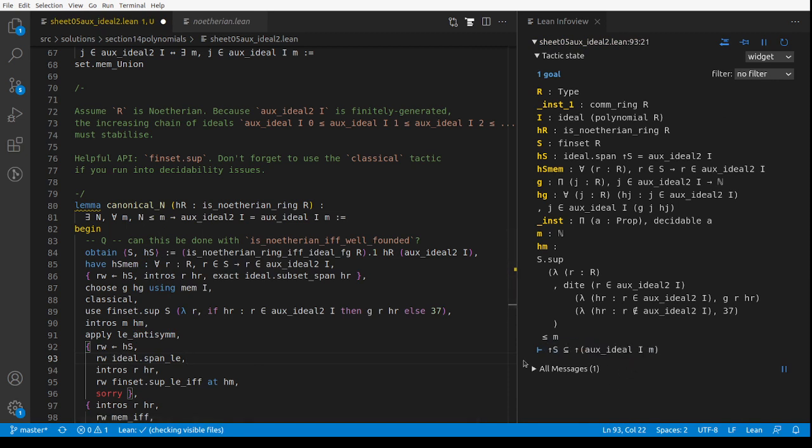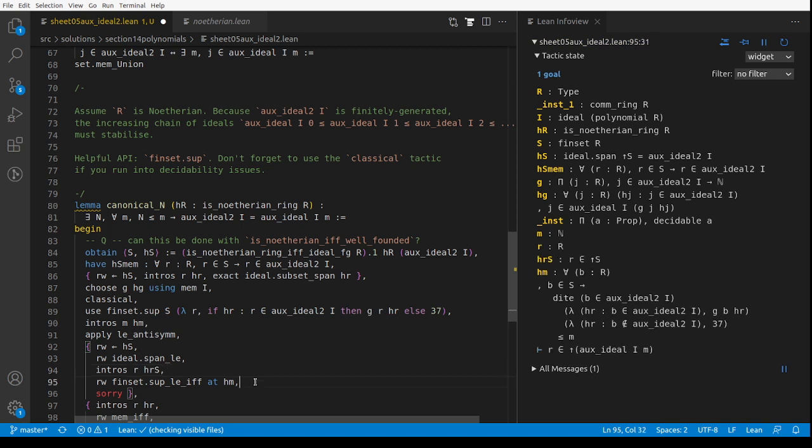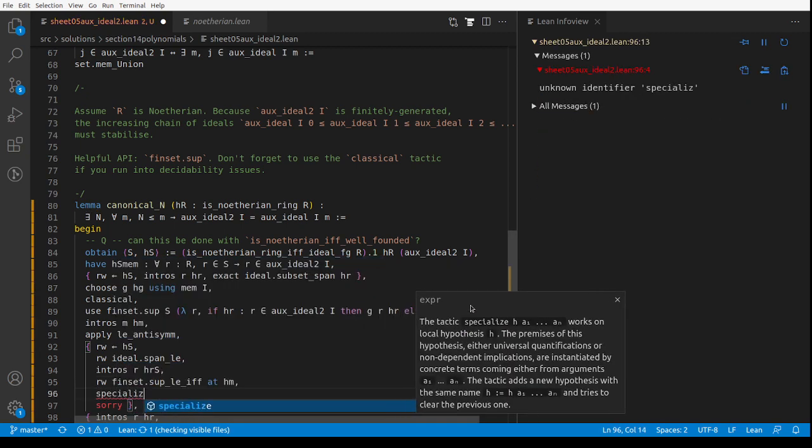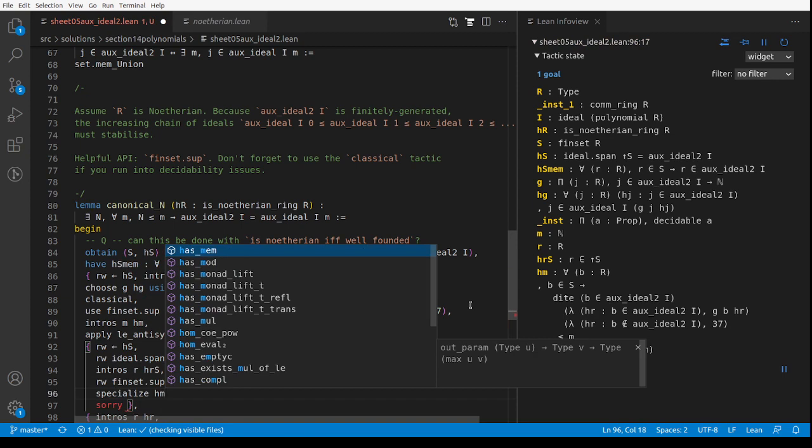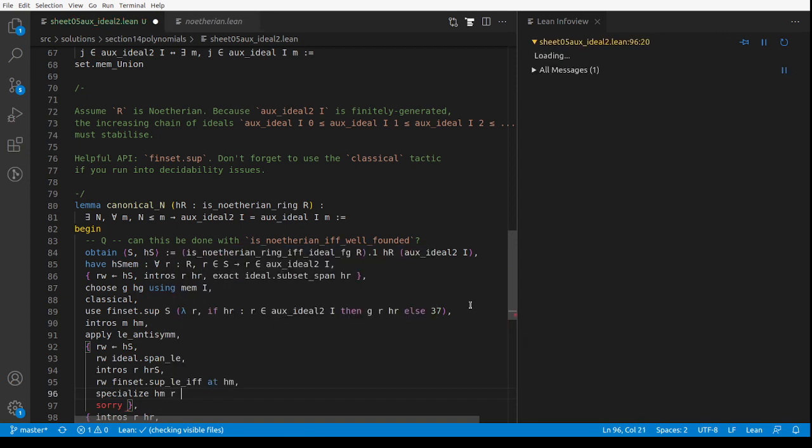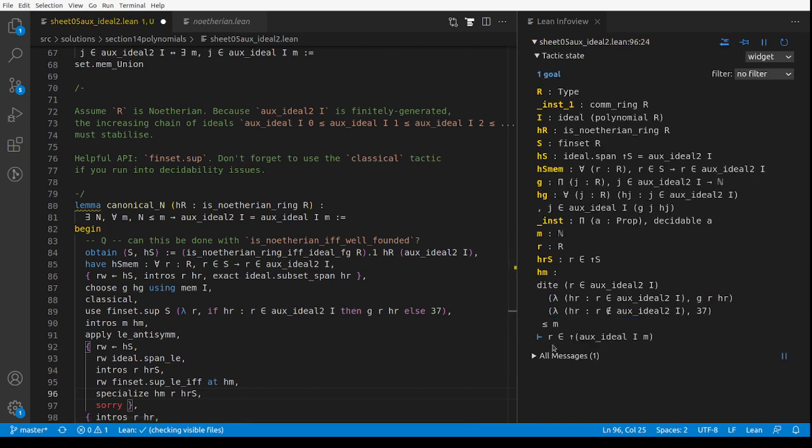So M is sufficiently large for this to work. So now we can intros HS and HS. Well, we've got a capital S, so let's call it R, and then HR capital S. And then we do this rewrite Finset there, because now we can specialize hm at R and HRS there.